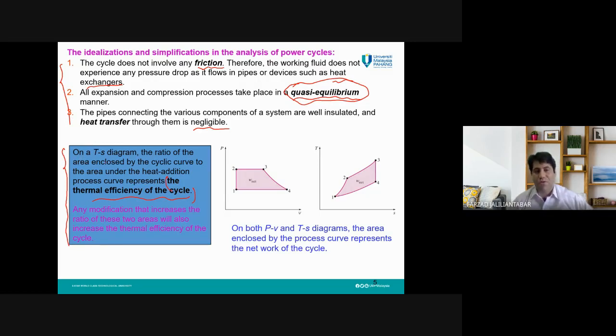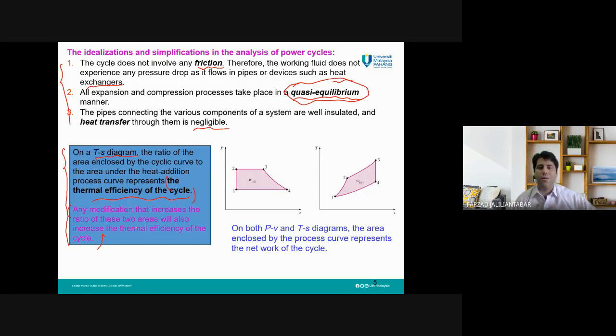Without this assumption, we don't have an ideal cycle, and maybe we cannot calculate that area. So by this, we can calculate the thermal efficiency of the cycle in a TS diagram. Any modification that increases the ratio of these two areas will also increase the efficiency of the cycle. Why is this important?